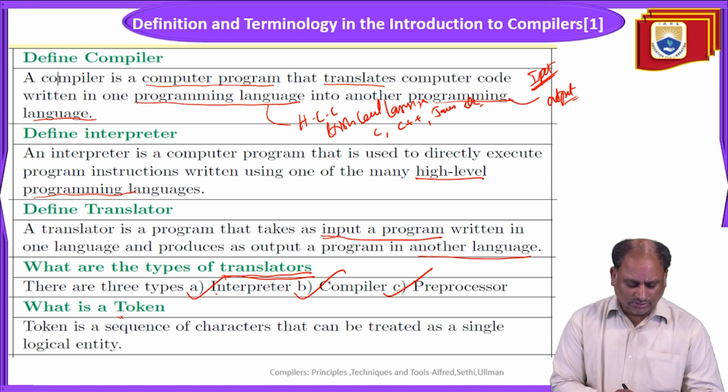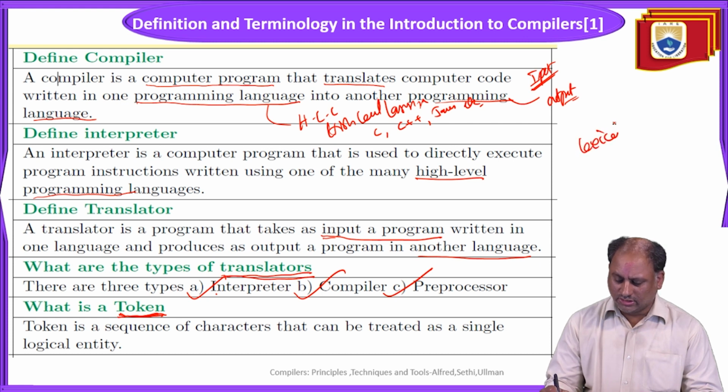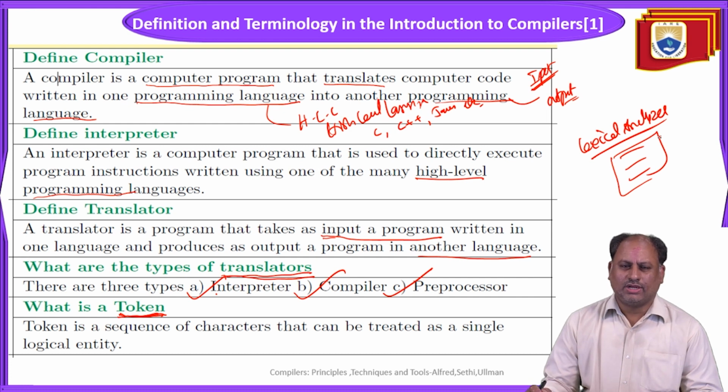Mainly important to this subject is the token. Token means, in the first phase of the compiler, that is the lexical analyzer, this process separates the source code. That means the lines of code given in a program can be divided into special units called lexemes.